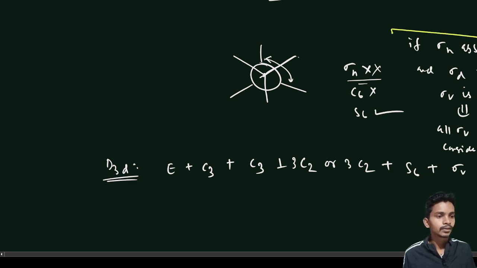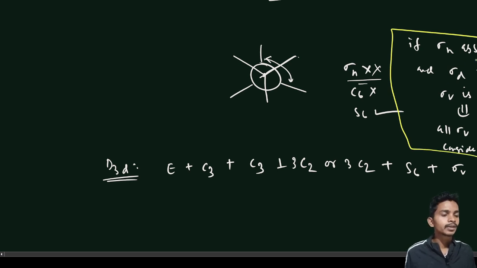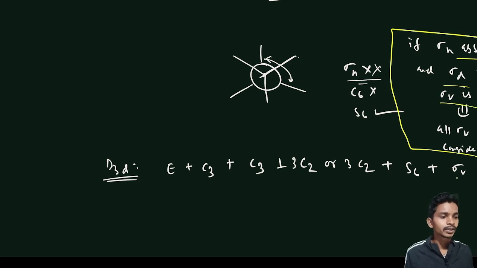Okay, this we already discussed in the first class, that if σh is absent and σd and σv are present, then all σv are considered as σd. So here all σv and σd are considered as only σd.